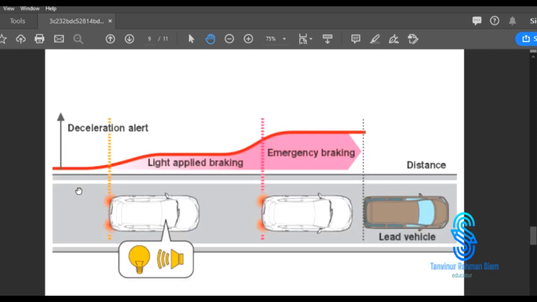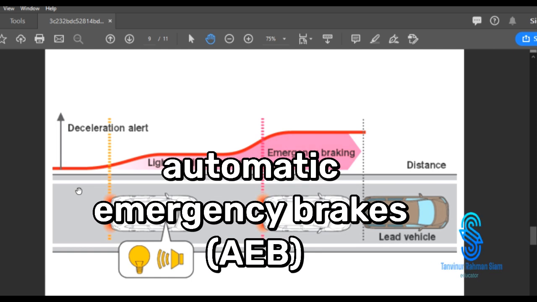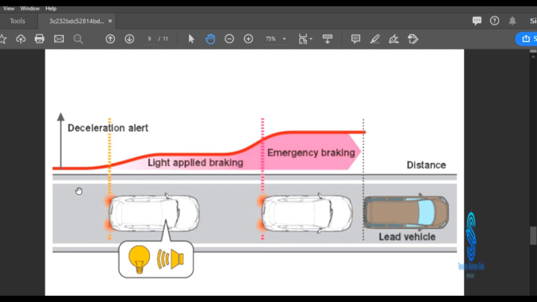For this, it will use AEB, that is automatic emergency brakes. It will activate brakes if a collision is imminent. FCW, forward collision warning, will alert the driver of potential impacts.